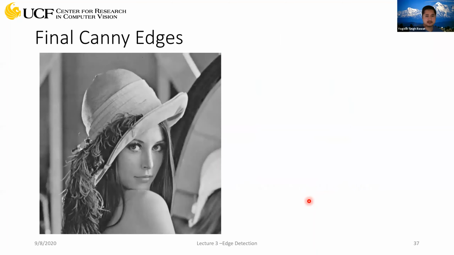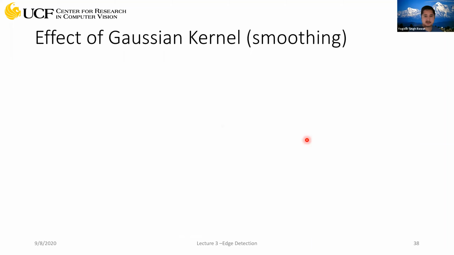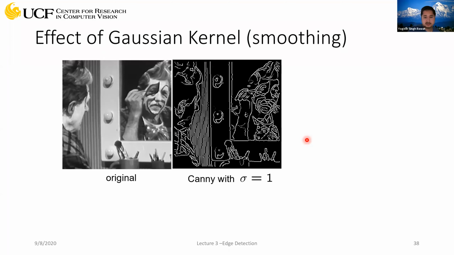Now, let's see some results of the Canny edge detector. That's the original image. You can see these are pretty nice edges when you compare this with the earlier edge detectors we discussed. Again, our smoothing kernel was Gaussian. We saw that earlier as well.